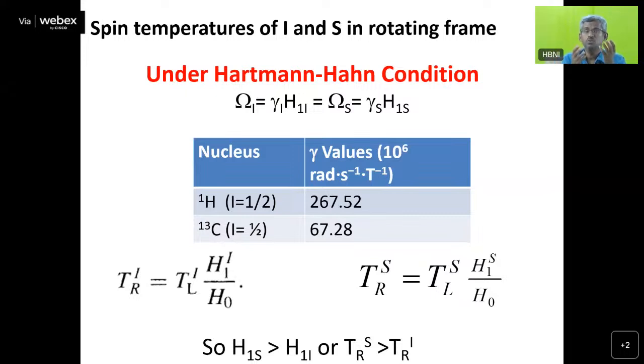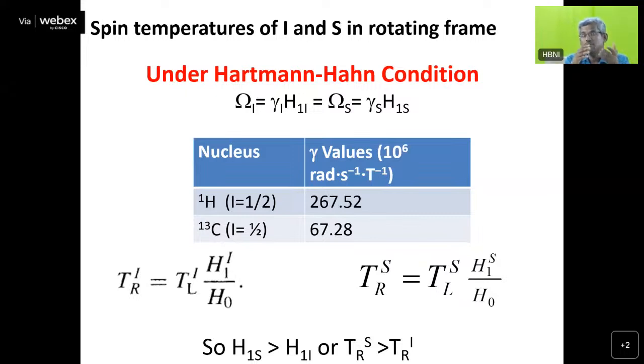If you reduce the temperature, then with the Boltzmann equation also, you can understand that the ground state population will be higher. But if you heat it, the ground state population will decrease and the population of the excited state will increase. So the ground state population of the proton is much higher under the Hartmann-Hahn condition, because of the lower spin temperature, and hence the population can be transferred from the ground state to the S nucleus, which is nothing but the carbon.